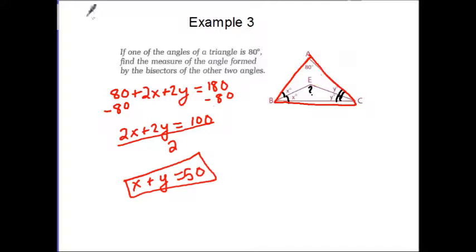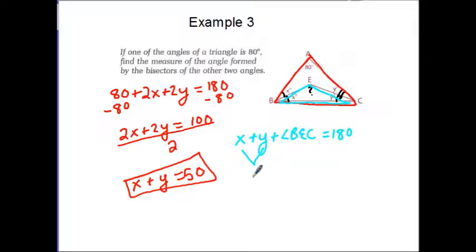Let's look at that small triangle here. We have those three angles: angle x plus angle y plus angle BEC, the angle that we're looking for, is going to equal 180. Now, we can use substitution on this x plus y.